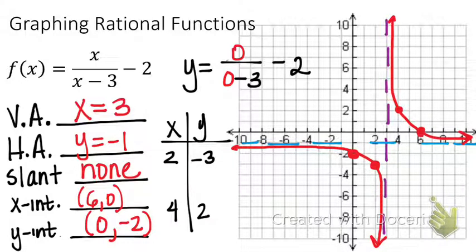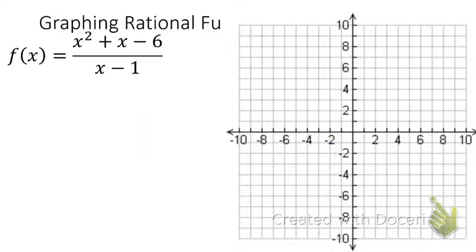Okay, so our next question. All right, go ahead and copy this one down because this one will have a slant because it's top heavy. So this one looks like number 3 in the homework. And I'm just writing out the questions that are on the test.